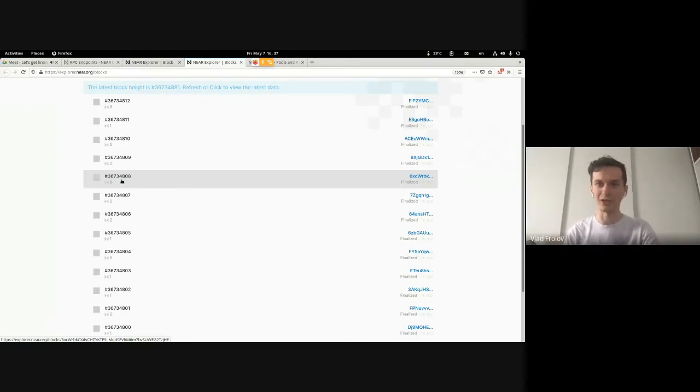If it's your turn to create a block, to create a chunk, and there are no transactions in your queue, and the validator is just silent, that would mean that they didn't do their job.